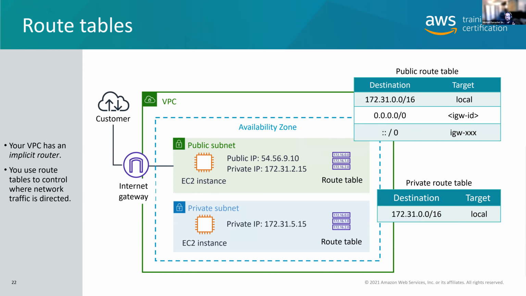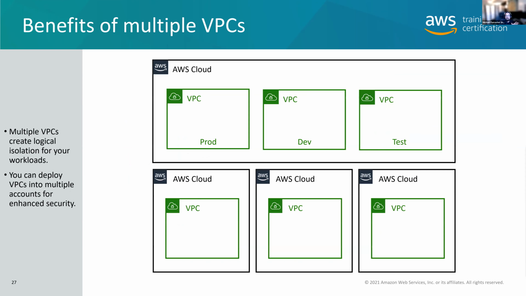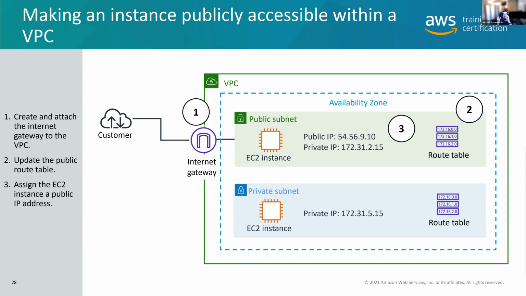So let's be clear, we haven't talked about firewalls yet, but there's a bunch of firewalls here. In addition to public and private subnets, we talked about the existence of default VPCs, and then the benefits of a multi-VPC, multi-account, or a hybridized model, and then how to make an instance publicly available, which requires an internet gateway, a route from the subnet to the internet gateway, and a public IP address on the EC2 instance for it to work.